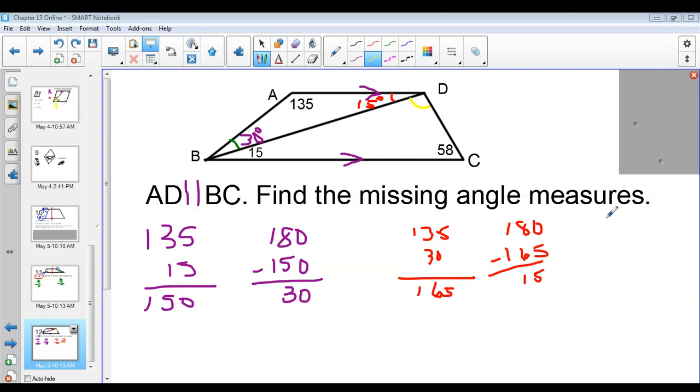So I'm going to do 58 plus 15, and I'm going to get 73. And now 180 minus 73, I'm going to write a little bit smaller so this fits in. And I have 107 degrees. So this angle up here is 107 degrees.